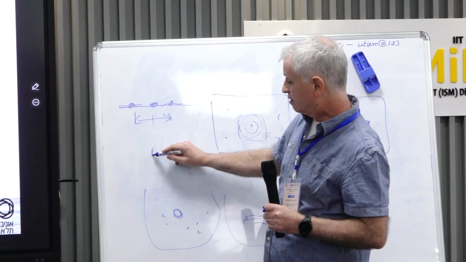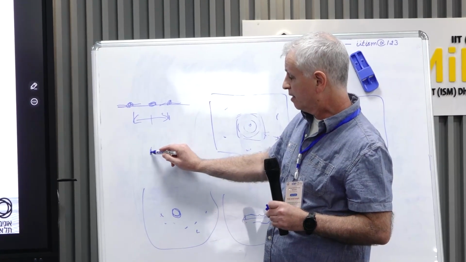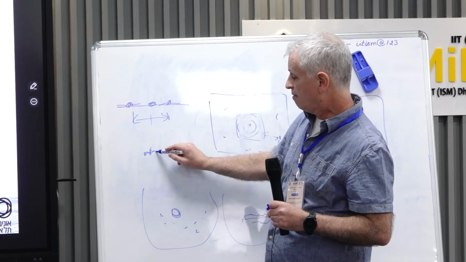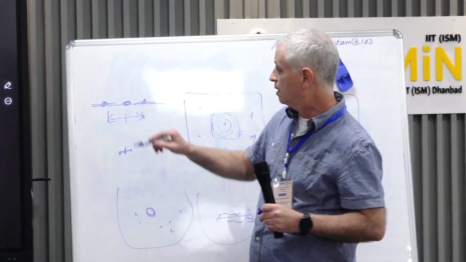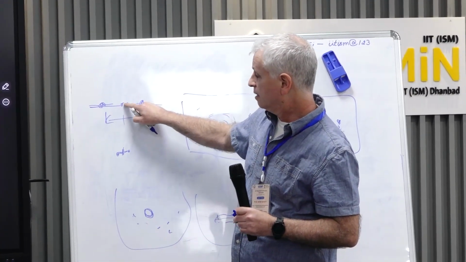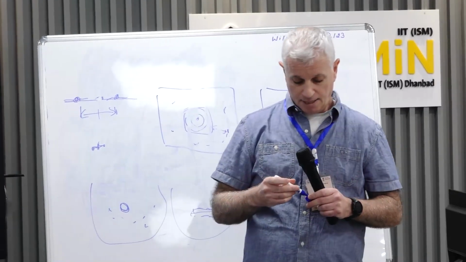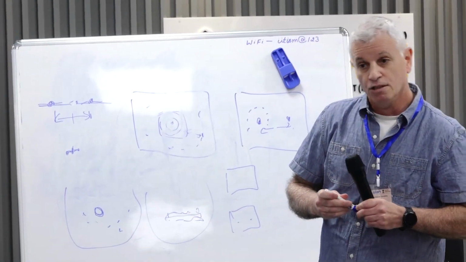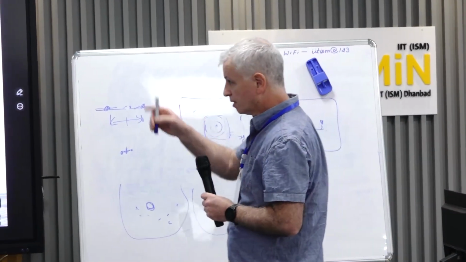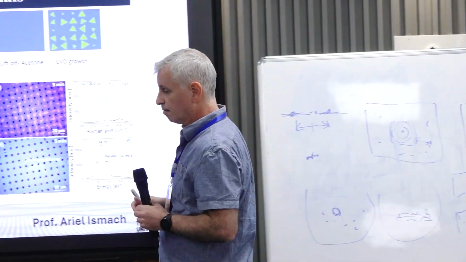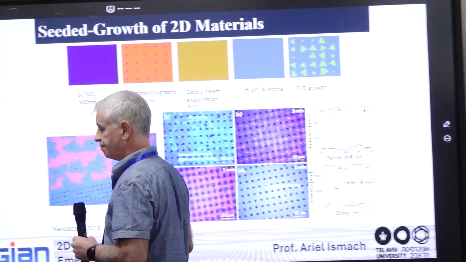Because if the surface diffusion length is very short, then you have high probability of nucleation in the middle, not only at the seeds. Therefore, you cannot do the seeded growth that way.